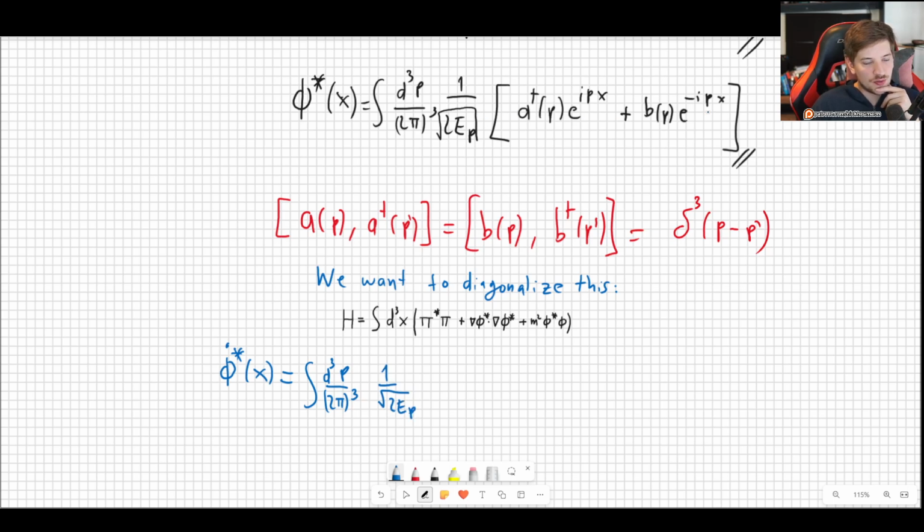And then we go into this. There's no time dependence in the operators themselves, so we don't have to worry about it, but there is a time dependence in e to the ipx. Why?